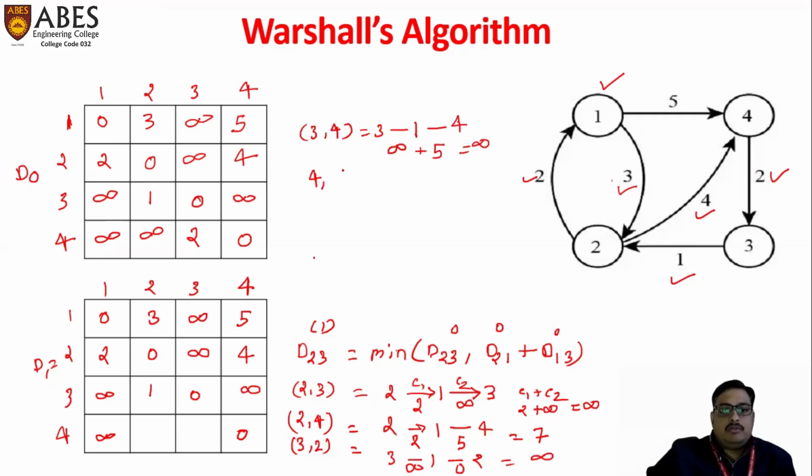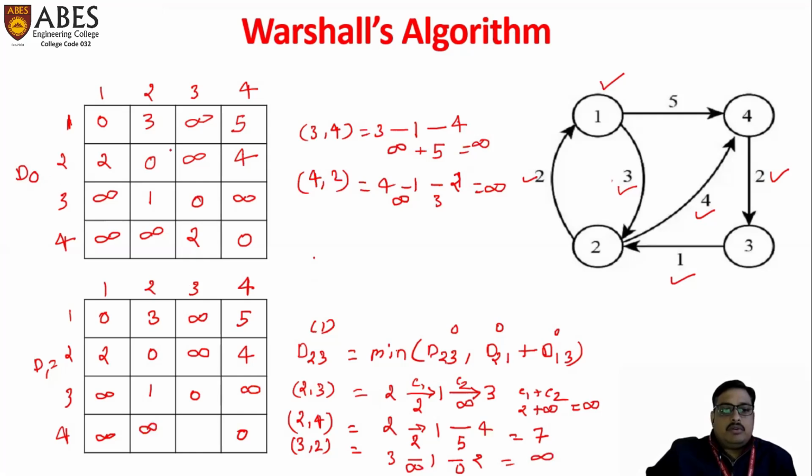Now come to 4 2. Value for 4 2. So 4 to 1 and then 1 to 2. So cost of 4 to 1 is infinity, and 1 to 2 is 3. So again it is infinity. So it is infinity here.